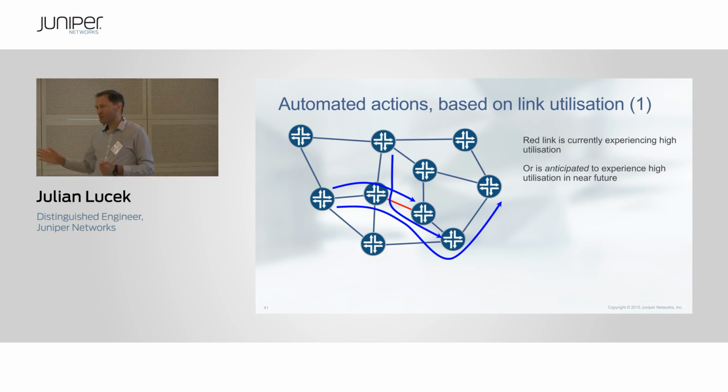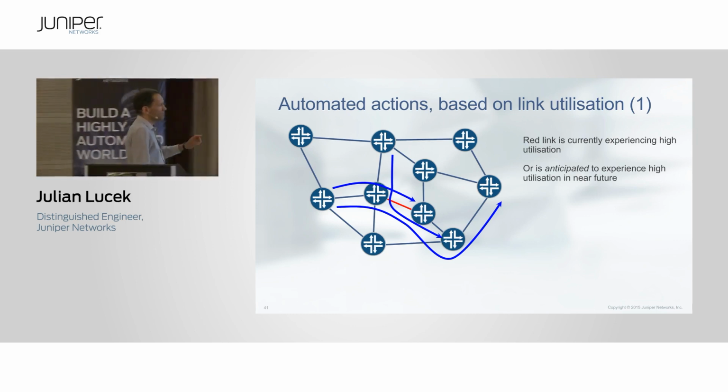You can have NorthStar automatically move LSPs away from the congested link in order to ease the congestion. NorthStar can do that because it knows how much traffic is traveling on each LSP, because it's receiving that information from the streaming telemetry as well. And so it can work out which LSPs to move away.